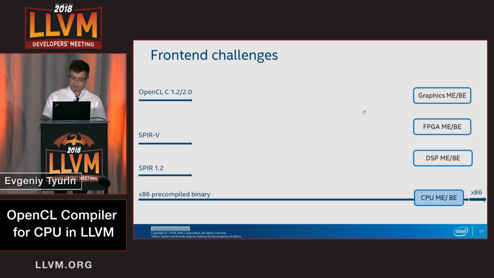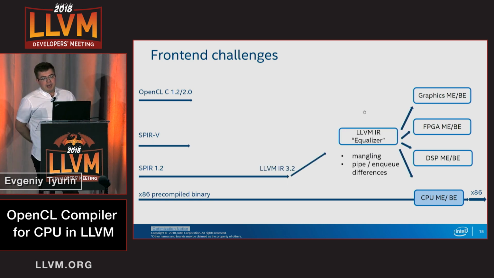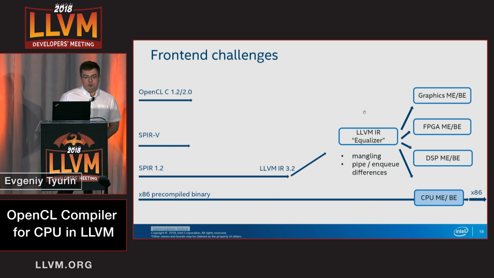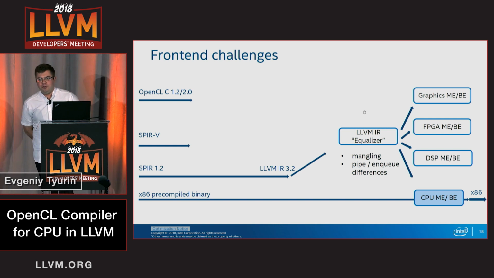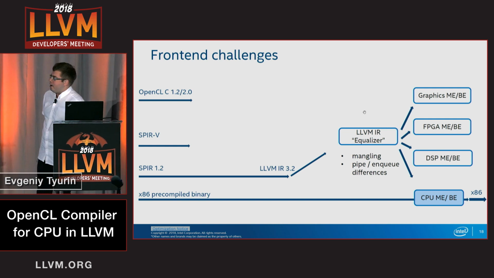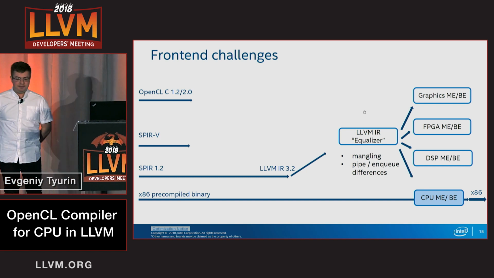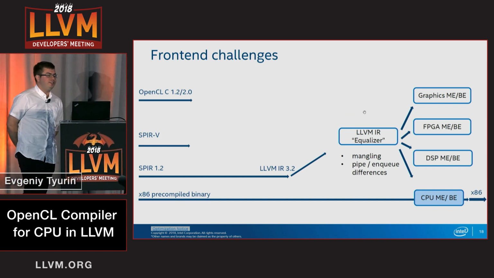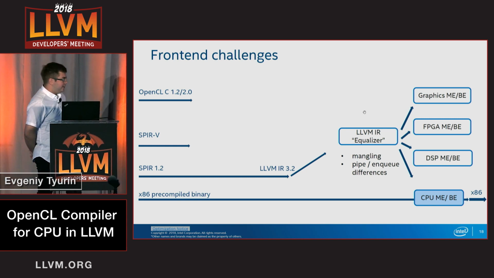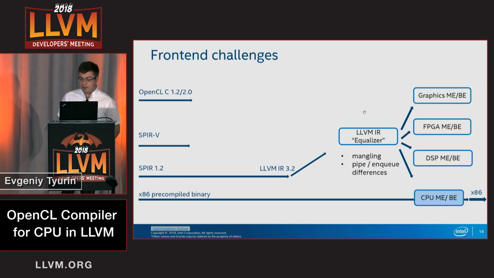With SPIR 1.2, the situation is a little bit more complicated, as SPIR 1.2 by its specification is in the form of LLVM 3.2, which does not exactly match the LLVM version that is used to implement the device middle ends and back ends.